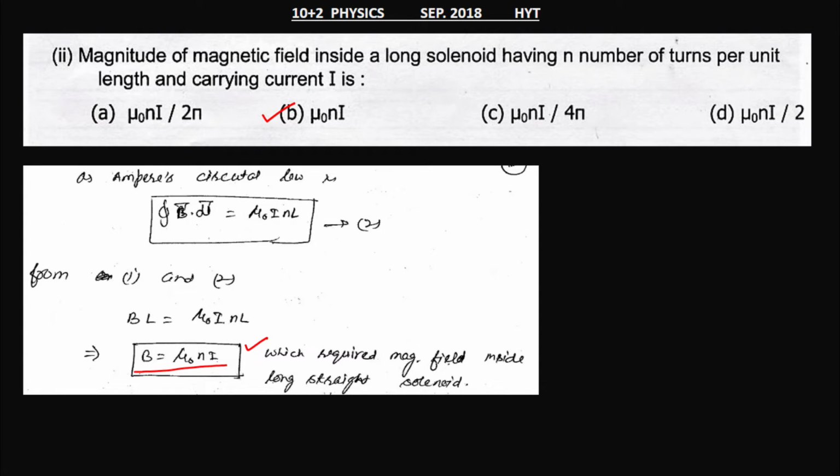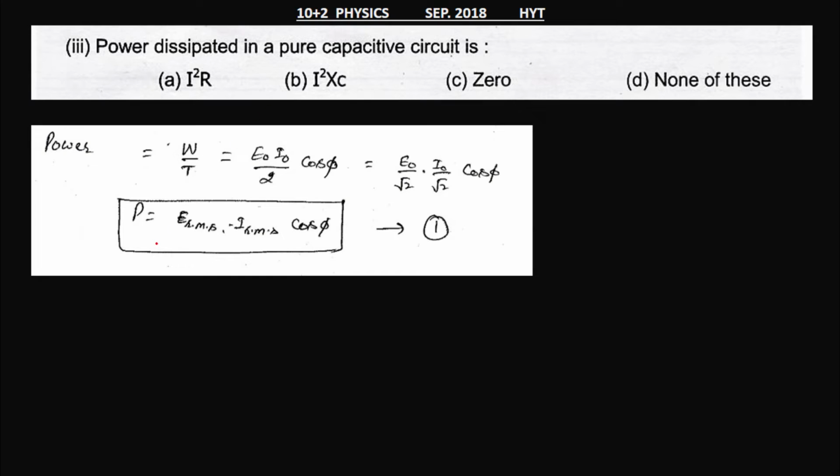Now moving towards the next question, question number 3. It says the power dissipated in a pure capacitive circuit is... For a pure capacitive, pure inductive, or any kind of circuit, the power can be found with the help of this formula. Here phi is the phase difference between voltage and current, and in this case it is a capacitive circuit.